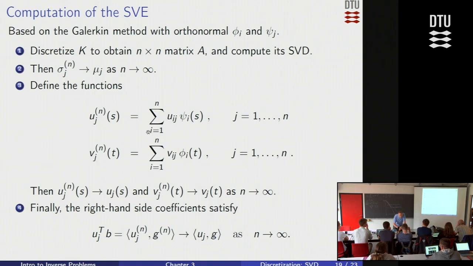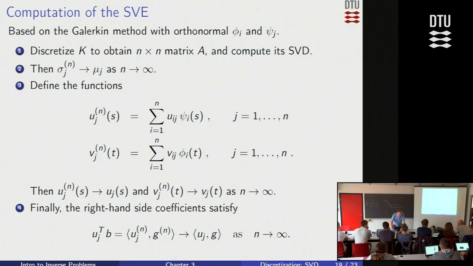When we add functions, we get a function, and we call that u_j^n, superscript n there, and we can do that for j from 1 to n. And of course, we can do the same thing here. We can define some functions v_j^n by taking the phi function and the element of the V matrix.